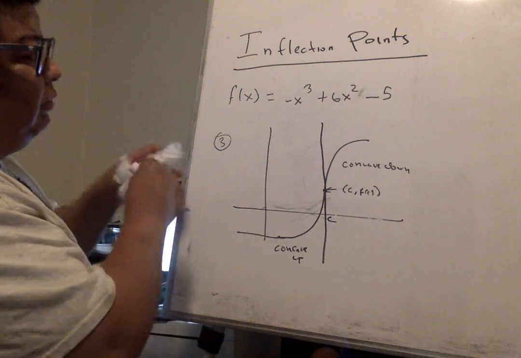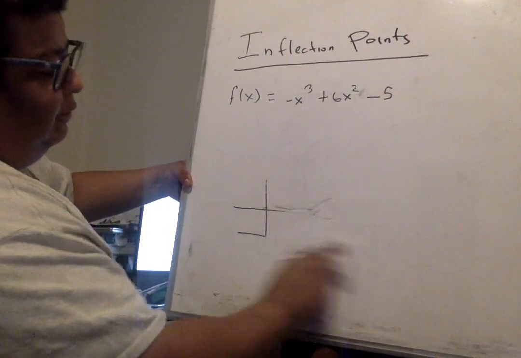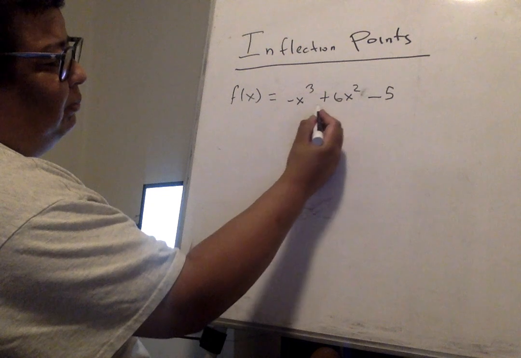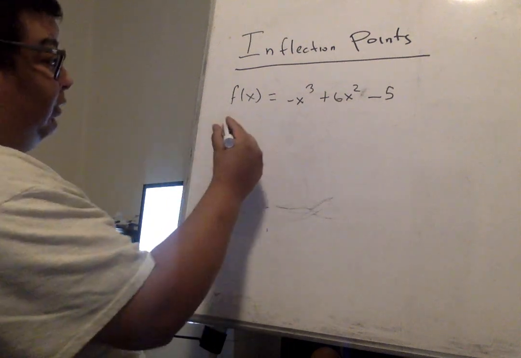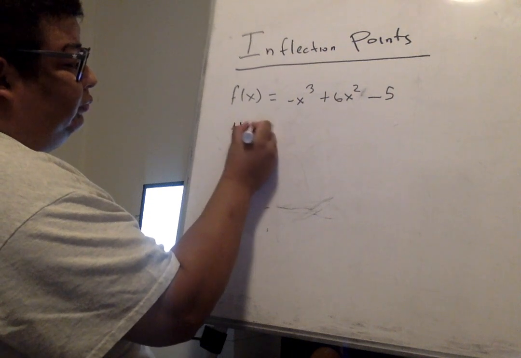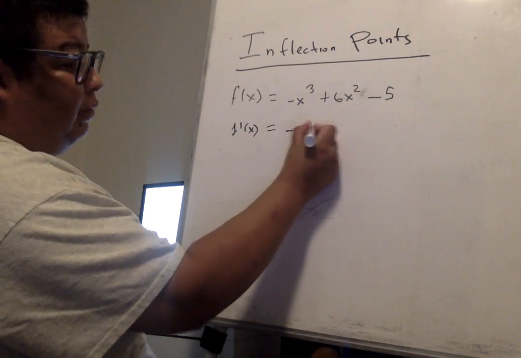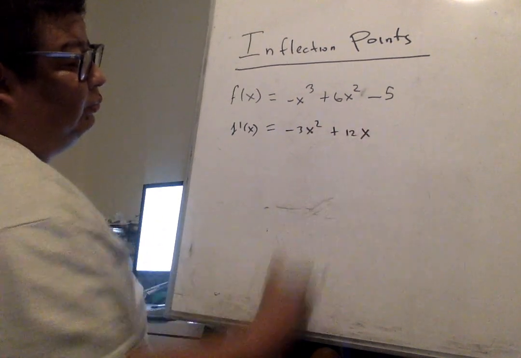So let's look at f of x that we have here. So f of x is equal to negative x cubed plus 6x squared minus 5. So the first step is to take the derivative. That will be negative 3x squared plus 12x.